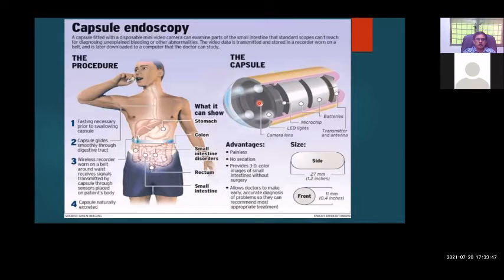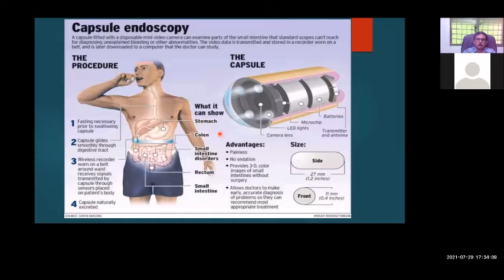So thousands of images are usually transmitted to this recording device, which are then downloaded and analyzed to see any abnormalities that were detected. The capsule is finally naturally excreted.